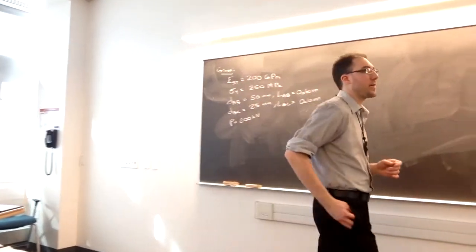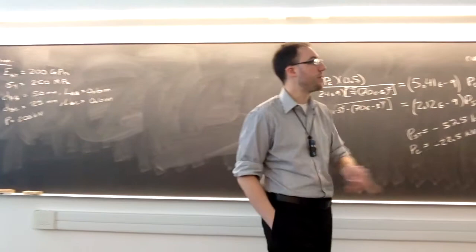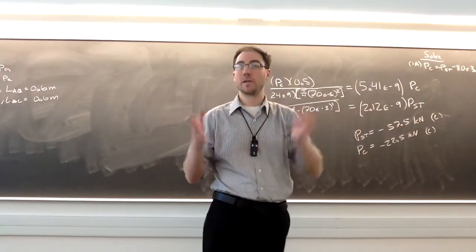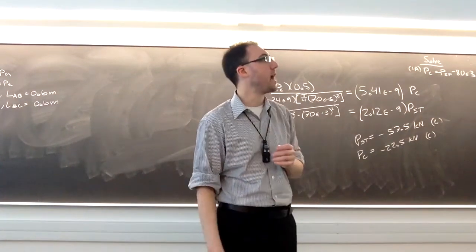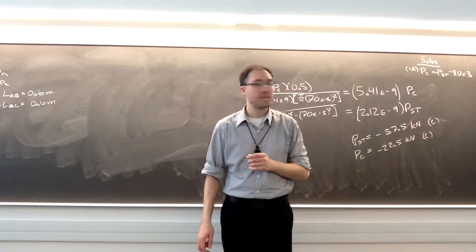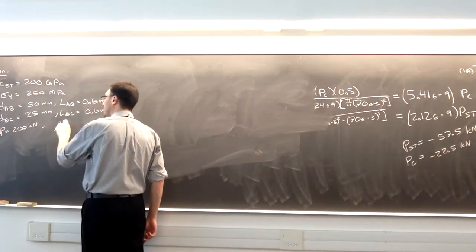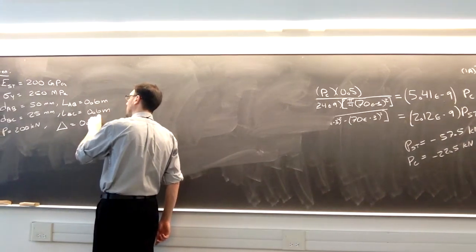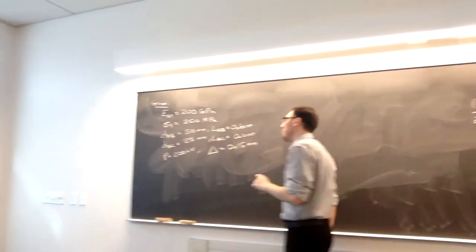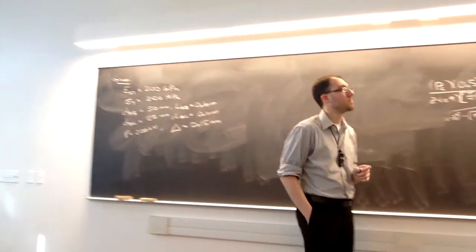And the one other given piece of information that we're going to have to use is that initially, before it's loaded, there's that 0.15 millimeter gap between C and D. I'm going to call that just delta in the given, 0.15 millimeters.